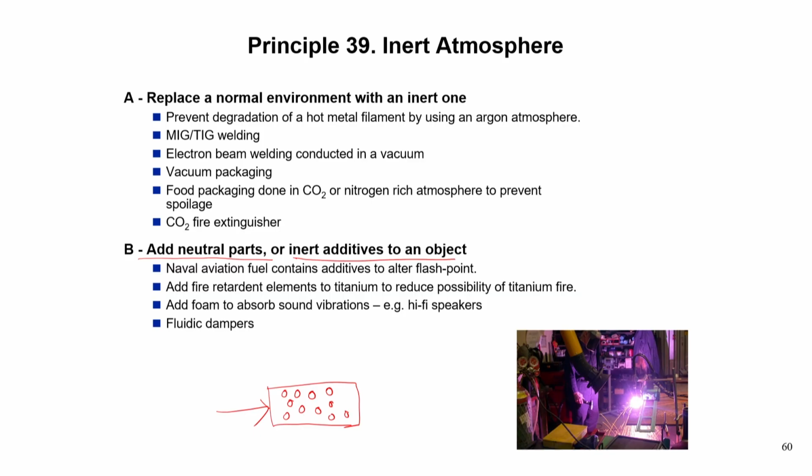This is something that is very heavily utilized for shock absorption. So, these are glass particles, and this is foam. During a shock load, these particles come in touch with each other, and that is how they help in terms of the energy dissipation. So, that is principle 39, or inert atmosphere.